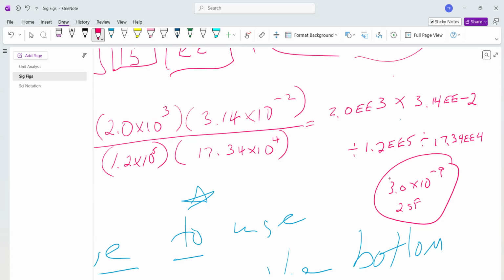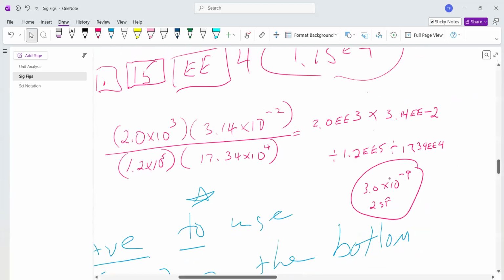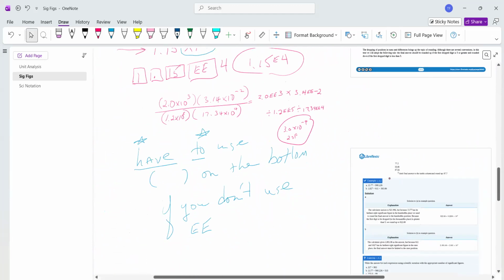Did anyone not get 30 times 10 to the minus 9, using their calculators? Okay, if you don't have an EE on your calculator, this is the way you're going to do it.